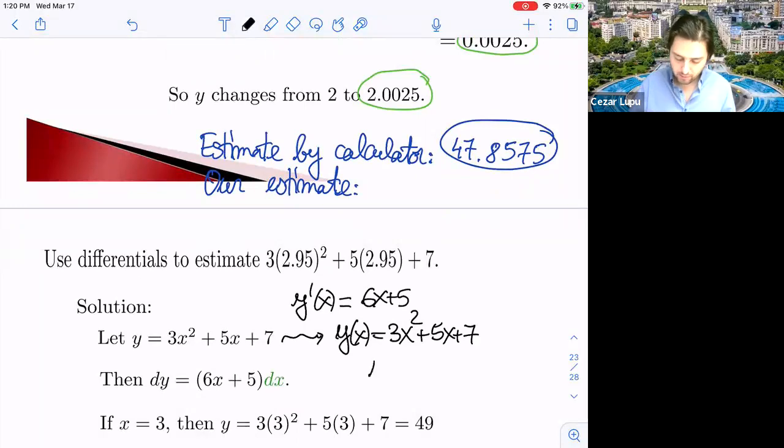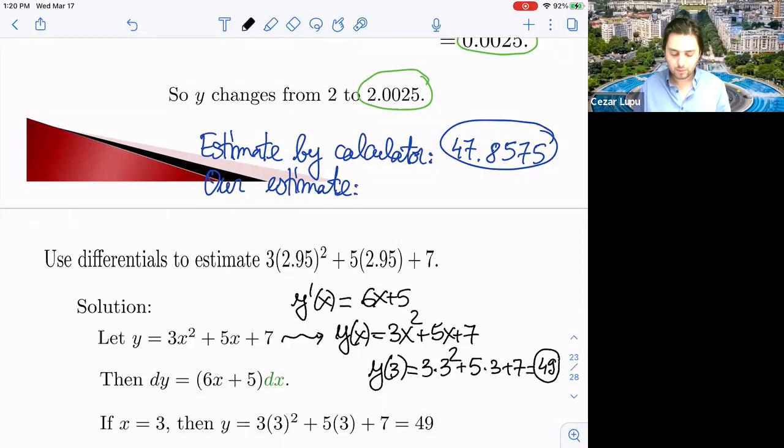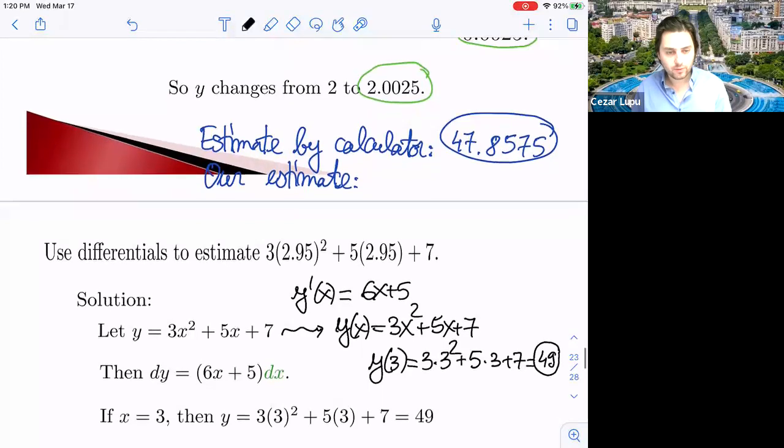So let me write it here. Y of 3 is 3 times 3 squared plus 5 times 3 plus 7, which will give us 49. So at x equals 3, it's 49.